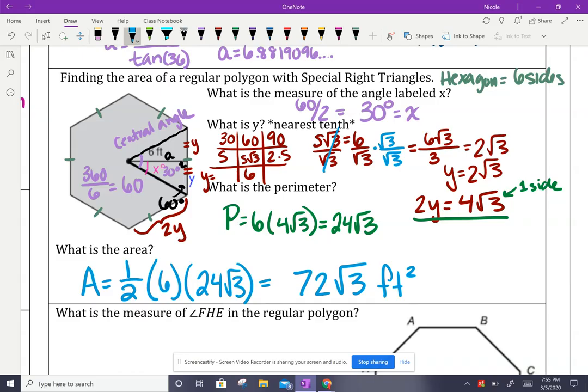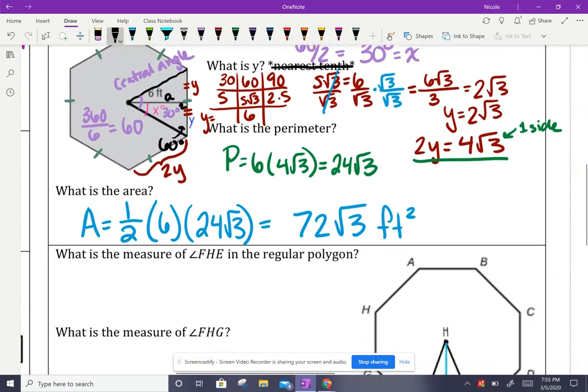Now, if I asked you to round this to the nearest tenth, then you would multiply that root 3 through in your calculator. But we're going to ignore that this is the nearest tenth.